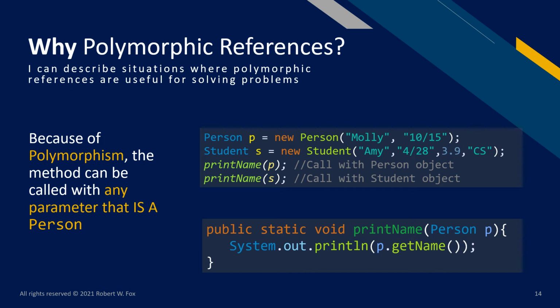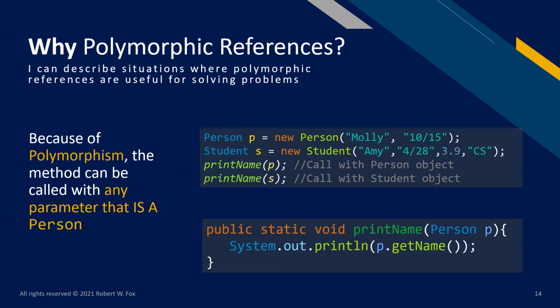But then I call printName again, and I send it S, and S isn't a person, not exactly. S is a student, yet it still works. And the reason it works is because of polymorphic references. Remember that person P can point to a person, but it can also point to any object that inherits from the person class.